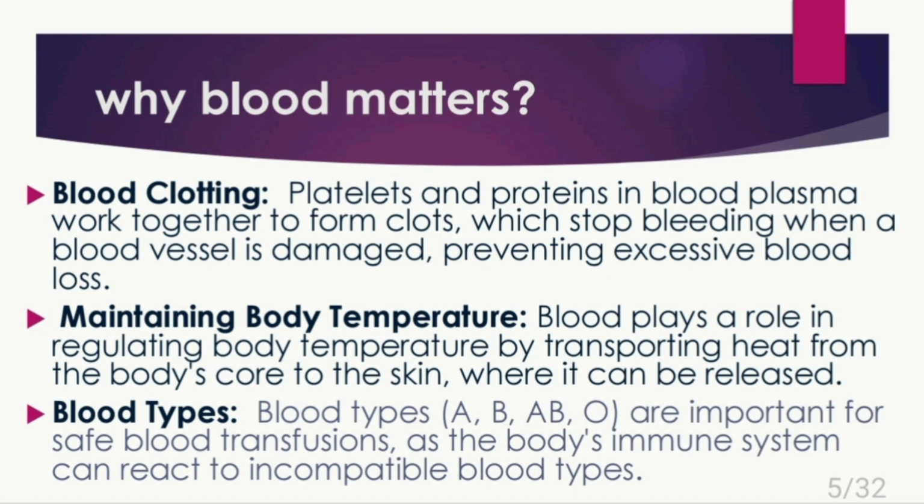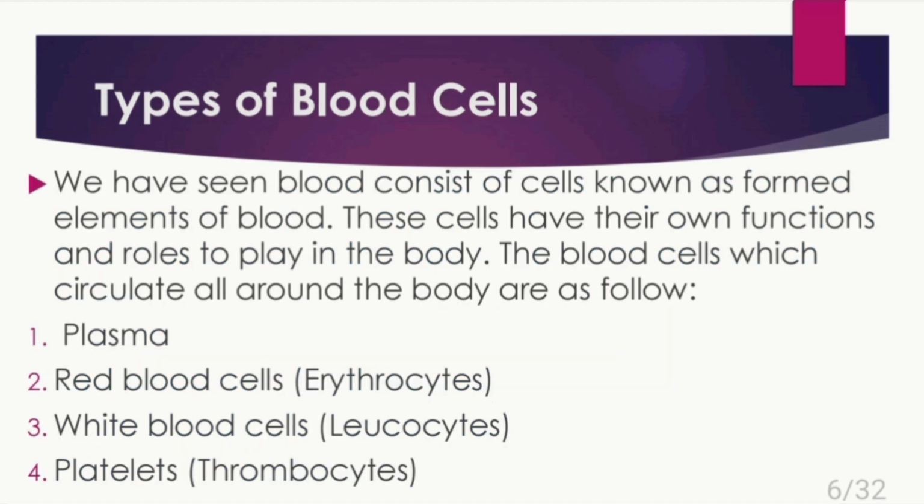There are four main types of blood: A, B, AB, and O. And they are very important for safe transfusions, as the body's immune system can react to incompatible blood types. Types of blood cells. We have seen blood consists of cells known as formed elements of the blood.